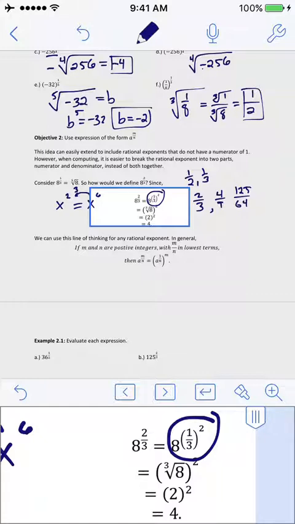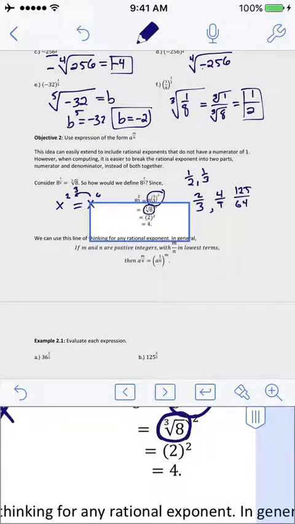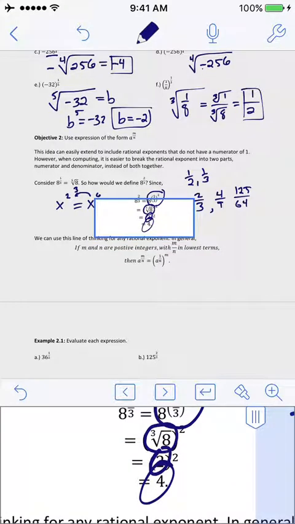You split it up so that the fraction part only has a numerator of 1. Once it has a numerator of 1, you can form a radical: the cubed root of 8, and then all of that squared. Simplify the radical part first, you get 2, and then you square it, you end up getting 4. So 8 to the 2/3 would be 4.